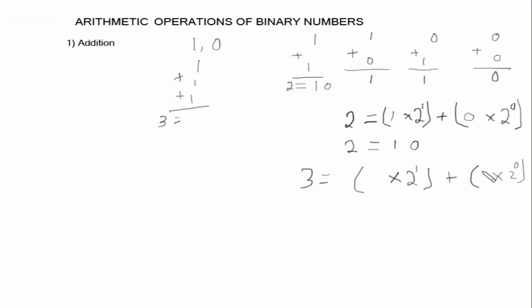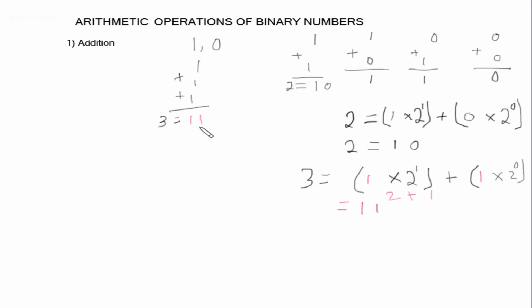If we get 1 here, 1 into 1 will get us 1, and here also 1. So 1 into 2 gets us 2, plus 1 into 1, is equal to 3. Actually 3 has a binary representation equal to 1, 1. This is the binary representation of decimal number 3.